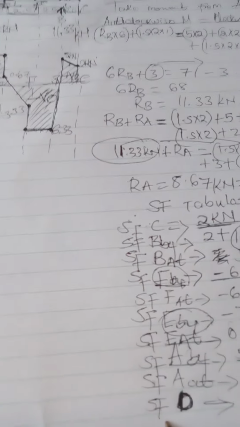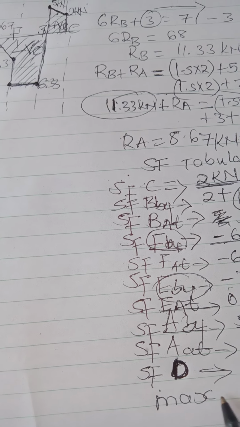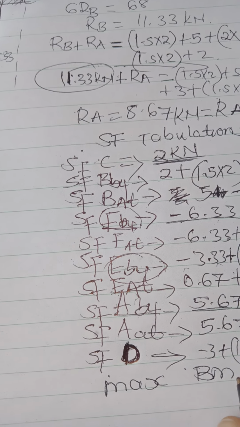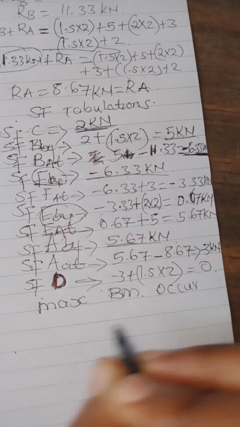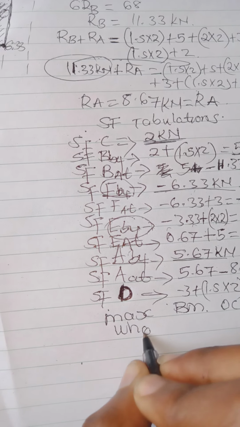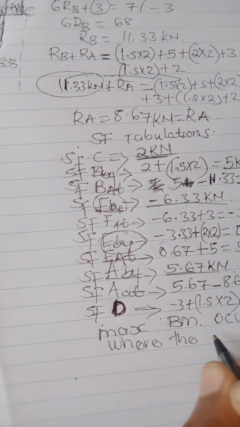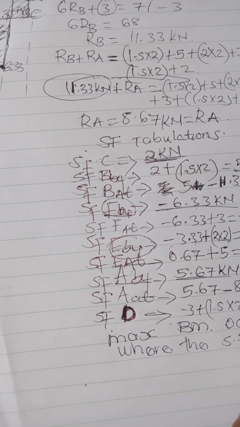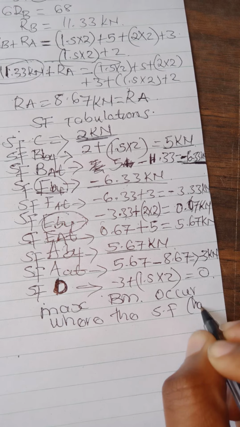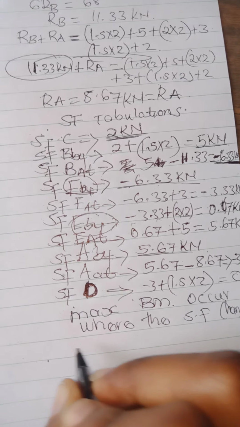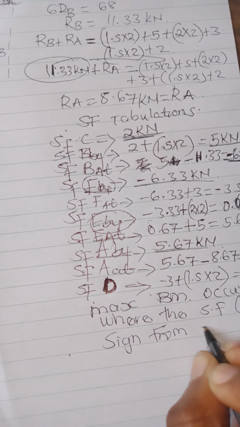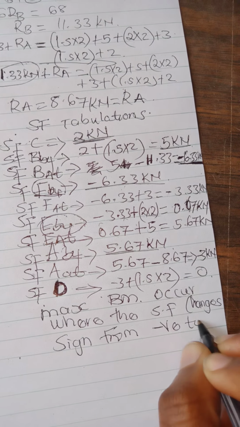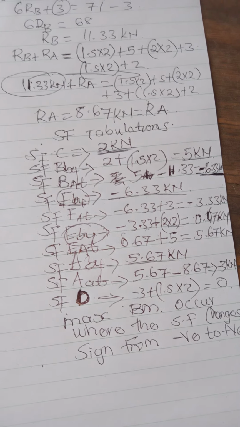The maximum BM will occur where the SF changes sign from negative to positive.